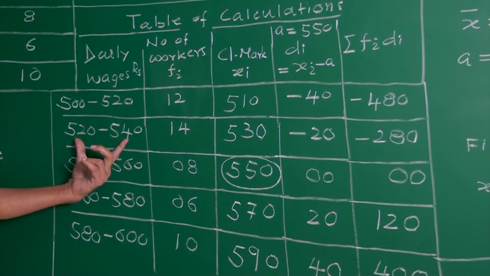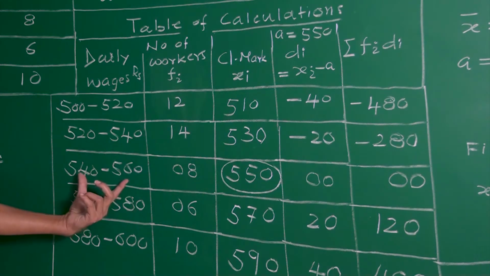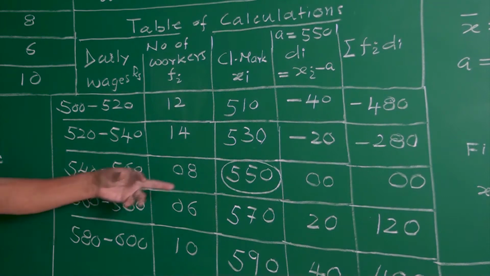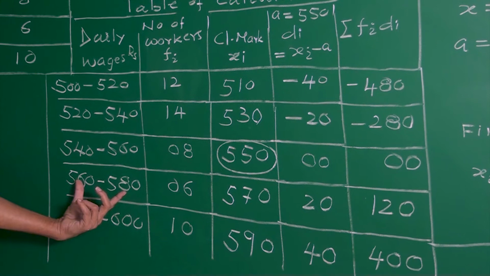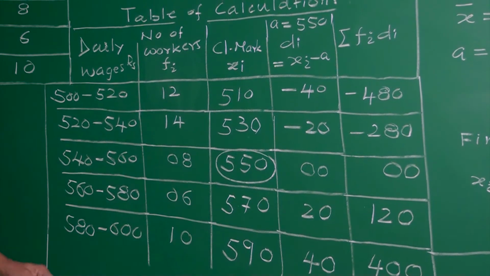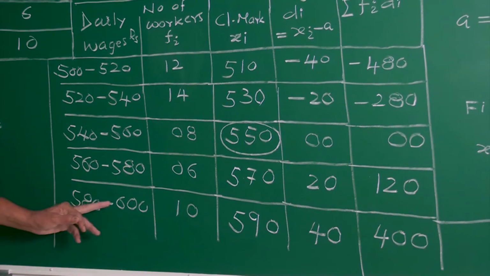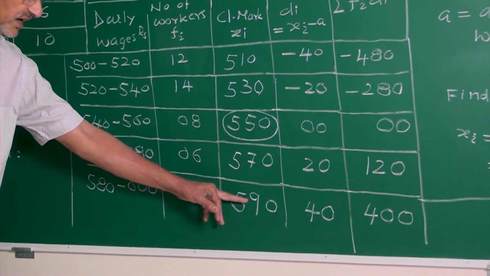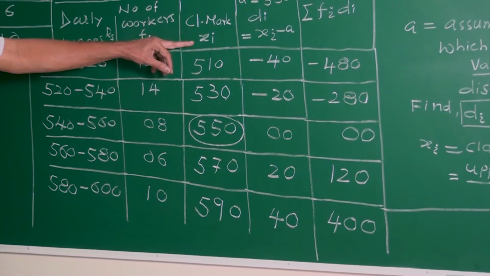Again, add these two, divided by 2: 1060 divided by 2 means 530. Again 1100 divided by 2 is 550. Then 1140 divided by 2 is 570. Then 1180 divided by 2 is 590. These are the class marks Xi.